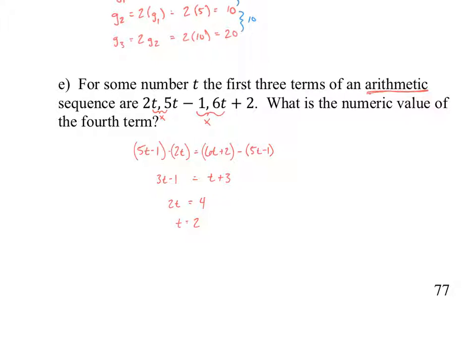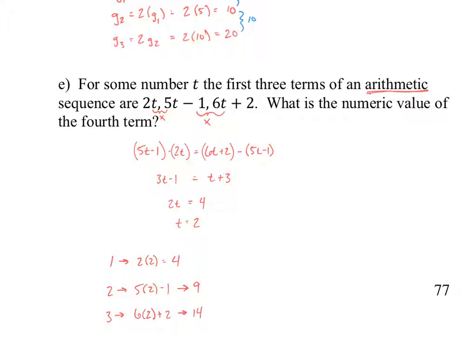If I know that t is 2, well then that means that my first term is 2 times 2. So my first term is 4. And my second term is 5 times 2 minus 1. So my second term is 9, and my third term is defined by 6 times t plus 2, so it's 14.